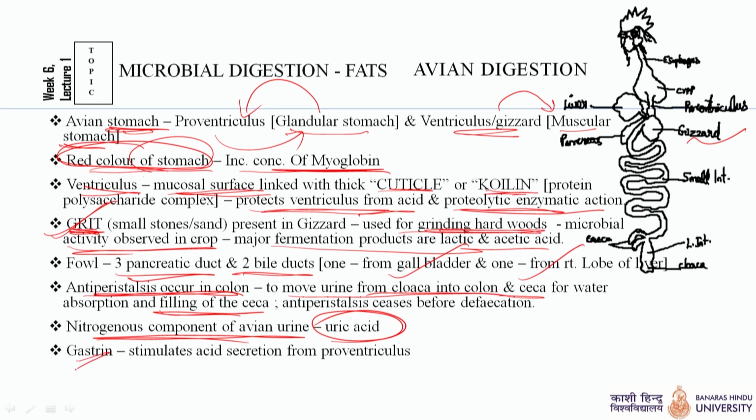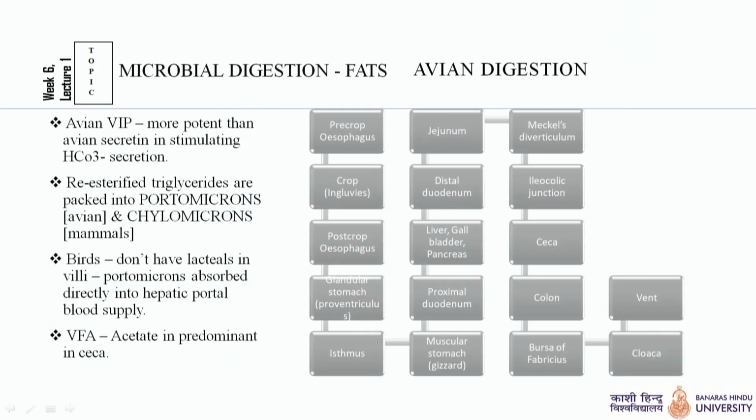Then coming to gastrin, it stimulates acid secretion from the proventriculus. Next, the avian vasoactive intestinal peptide is more potent than avian secretin in stimulating bicarbonate secretion. So for bicarbonate secretion, the avian VIP, vasoactive intestinal peptide, is more important than secretin.